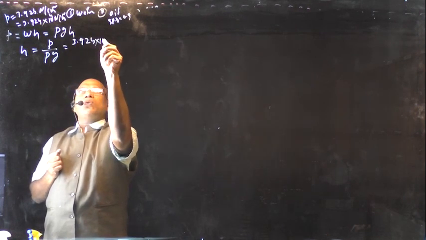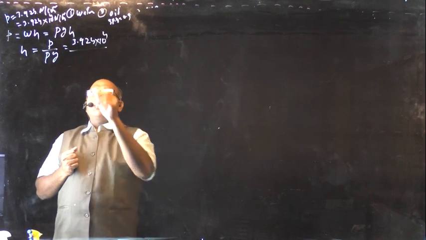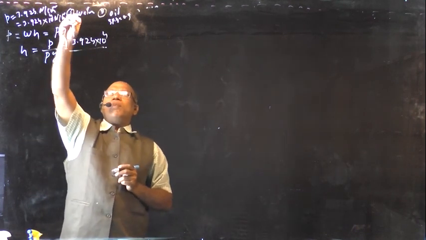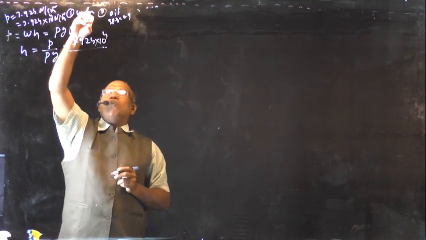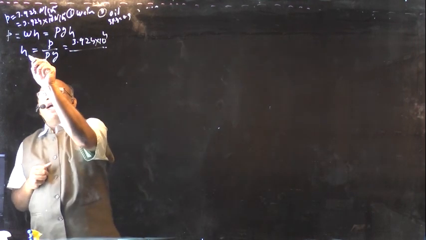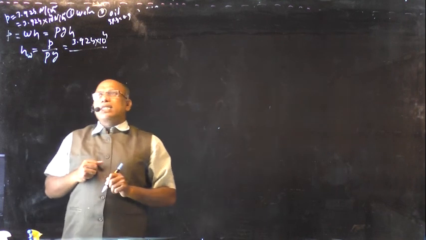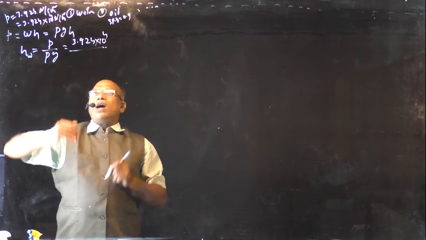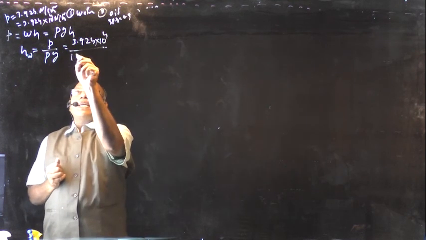Now, first we are going to determine the water column, that is, the head of water is equal to the pressure intensity divided by rho G. The density of water is equal to 1000 kg per meter cube.